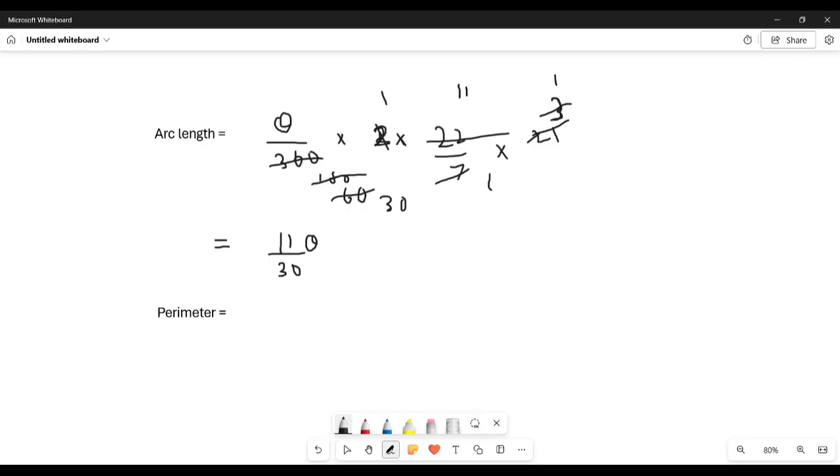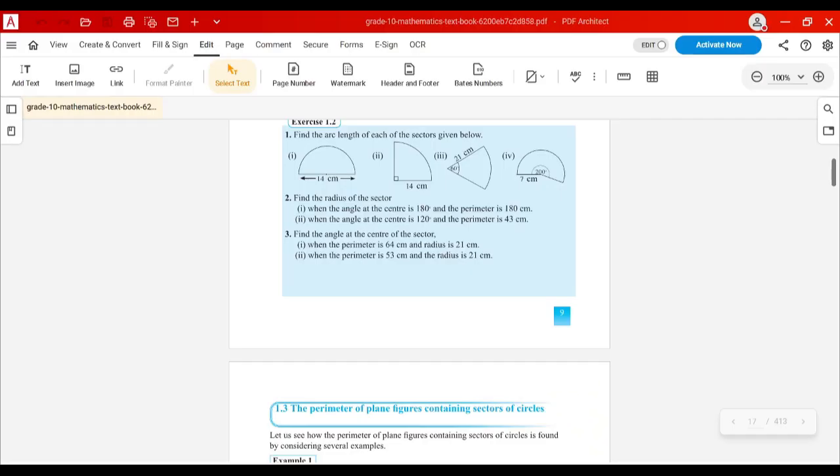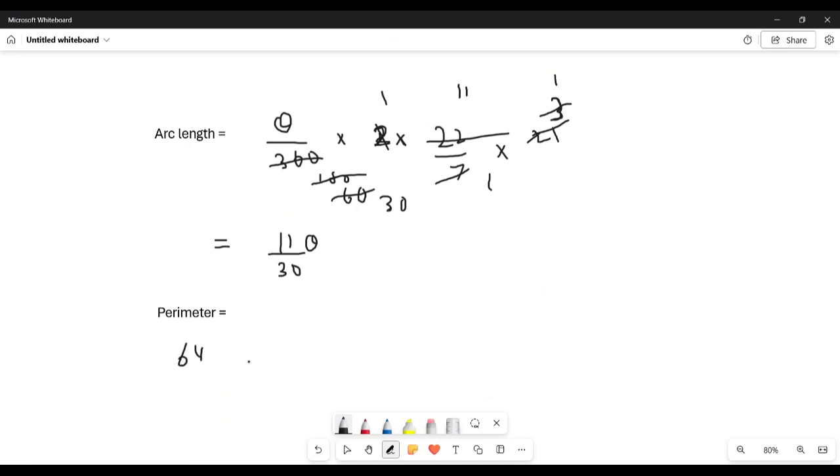Now we'll take the perimeter. So what perimeter is 64? 64 equals the arc length, that is 11 theta over 30, plus twice the radius. Radius is 21. So twice the radius, sorry, it's not multiplied, it's plus. So twice the radius is what? 42.